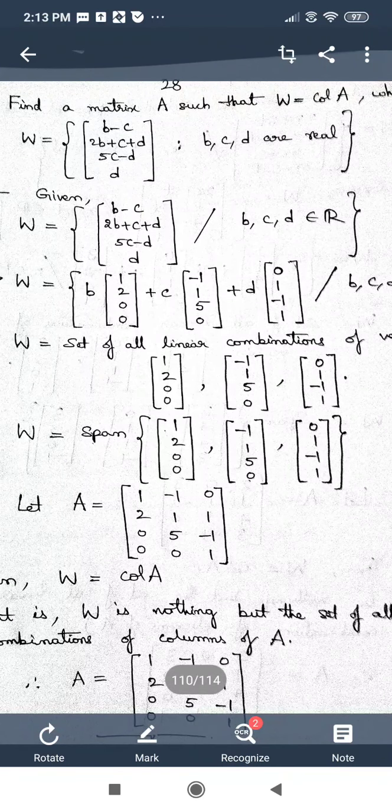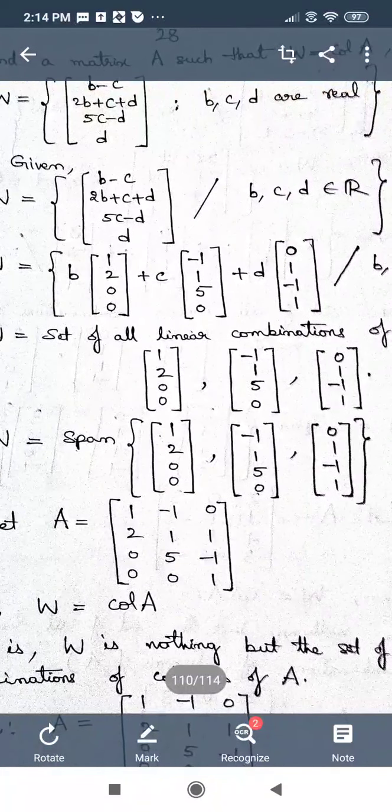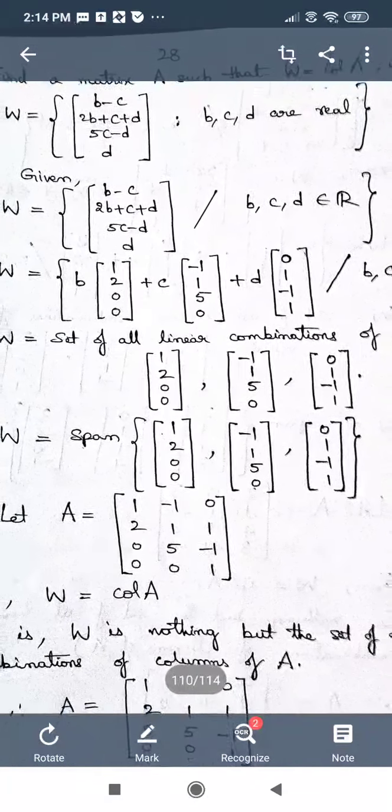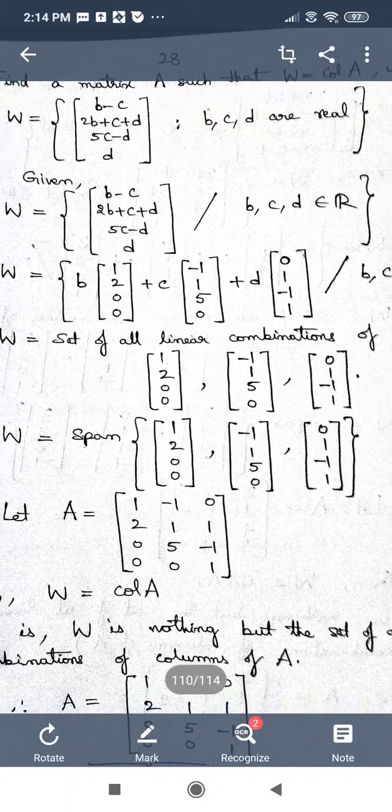W is equal to the set consisting of, when we take b common, the vector besides it is 1, 2, 0, 0. This 1, 2, 0, 0 is obtained by taking b common, the coefficients of b from the arbitrary element of the set W. We can notice that b has the coefficients 1, 2, 0, 0. Similarly, take c common, and the coefficients of c in the element of W are minus 1, 1, 5, 0.